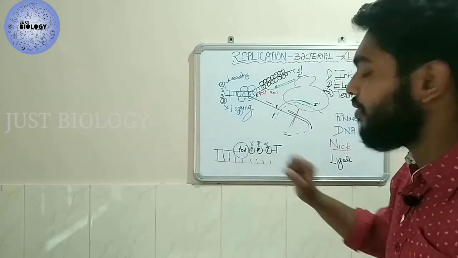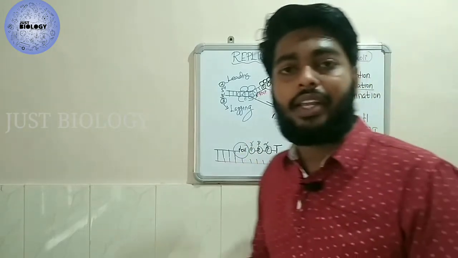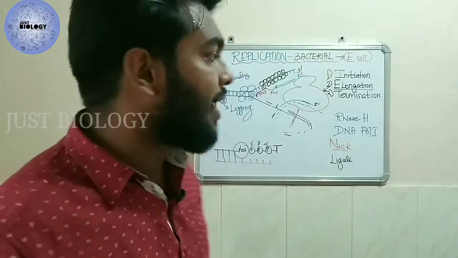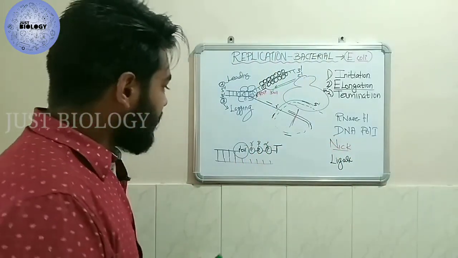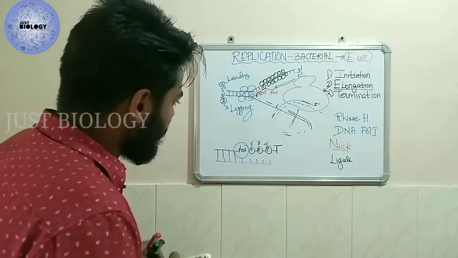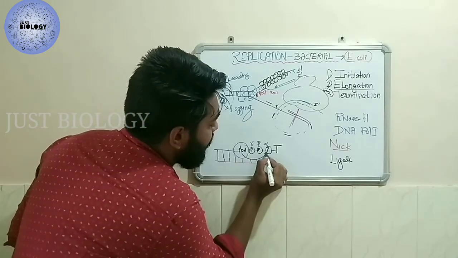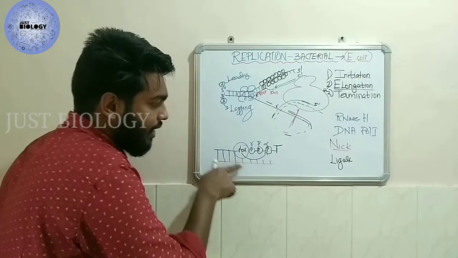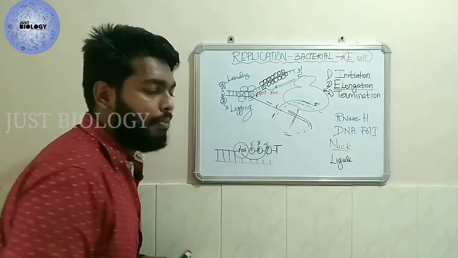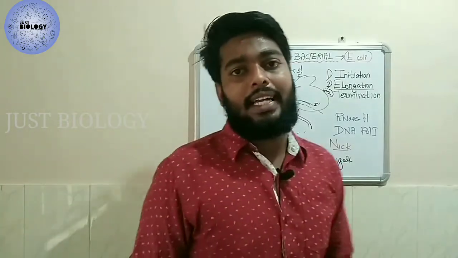That lone pair of electrons has a certain property, which we call a nucleophilic attack. So it will attack the alpha phosphate by nucleophilic attack.